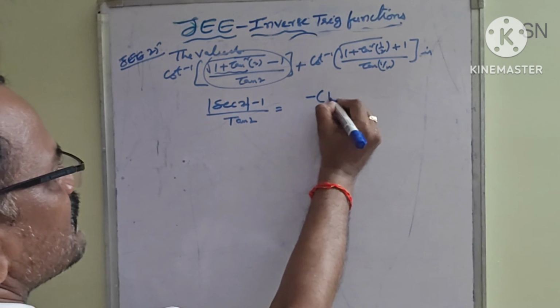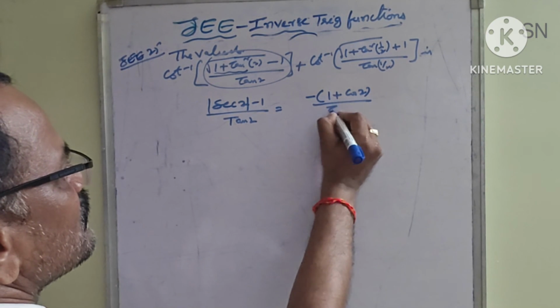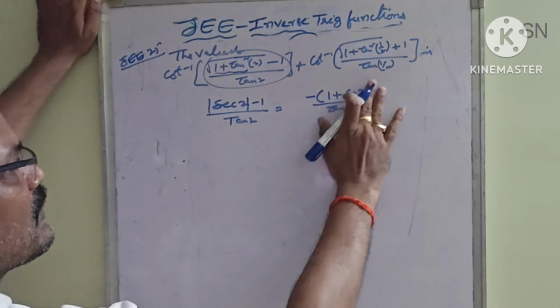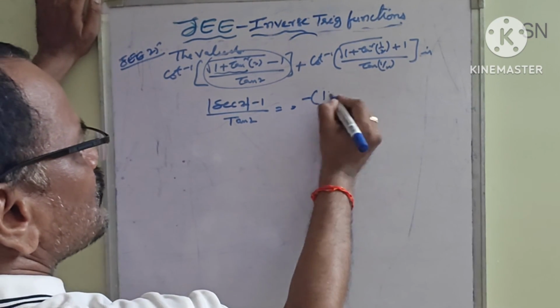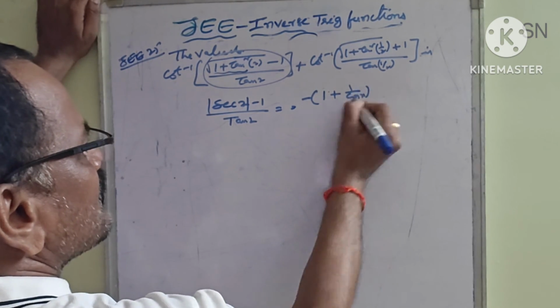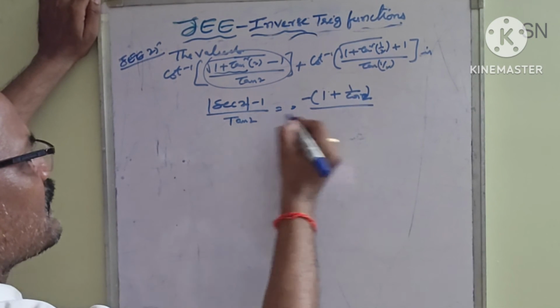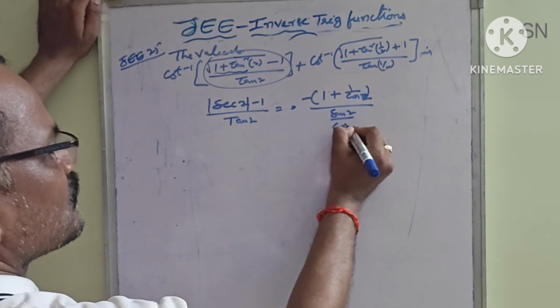Now here, modulus of secant means minus secant theta. So here minus is common, 1 plus cos 2 by tan 2. So minus is common, so 1 plus 1 by cos x by secant x means 1 by cos x, tan x means sin x by cos x, sin 2 by cos 2.